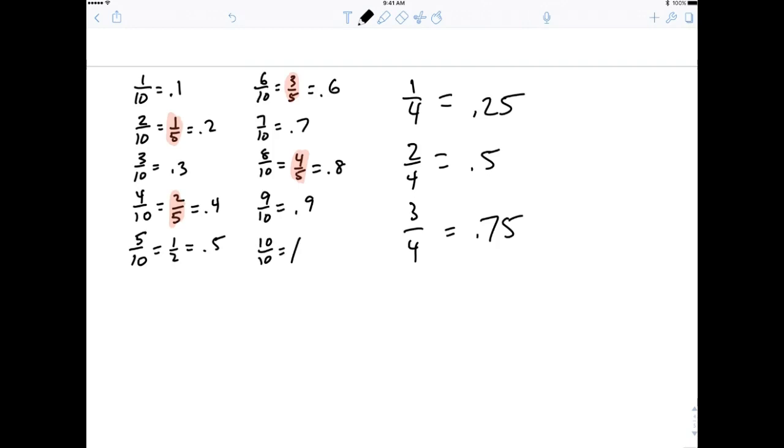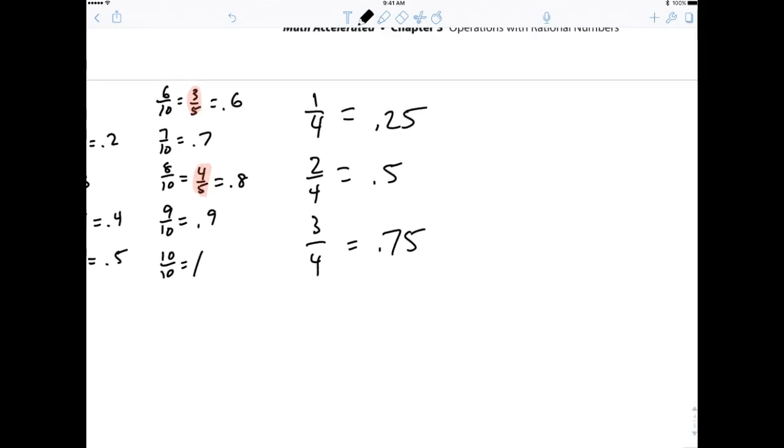The next ones that I think are helpful, and that most kids do not know, are the eighths. I'm going to put 1/8 right next to 1/4, because 1/8 is half of 1/4.